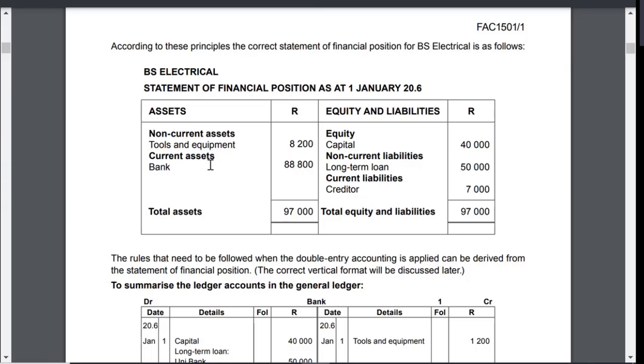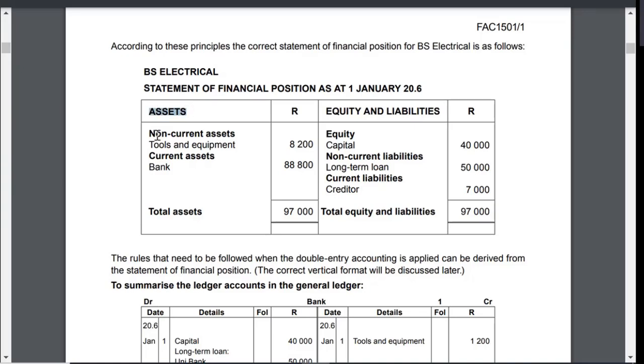So now we're looking at this annual financial statements. The question is, how did they get to this 40,000, the 50,000, the 7,000, 8,200, and this balance? So now let's go up.